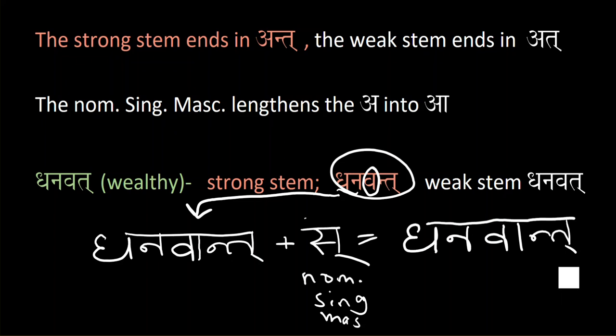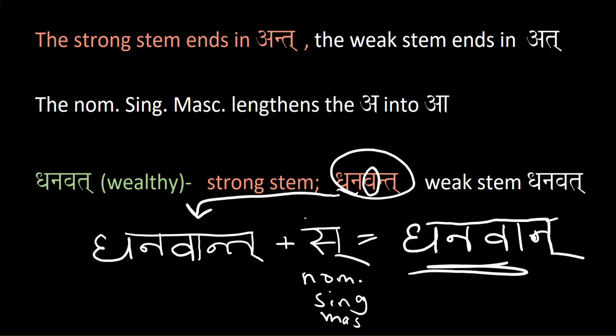So then what happens is that we have to reduce the ta again. We have to make another reduction. And that's how you end up with dhanawan. You're left here with this half na to make it represented properly as the last letter of the word. You add a halant. So you end up with dhanawan. So that is your declension for the nominative singular masculine gender.